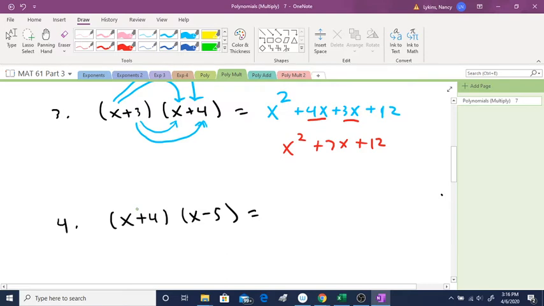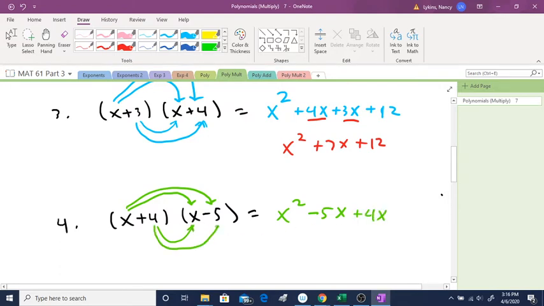Now I've got x plus 4 times x minus 5. So I'm going to take my x and distribute it. x times x is x squared. x times a negative 5, or a minus 5, is minus 5x. I'm going to go under, make that a plus 4x.